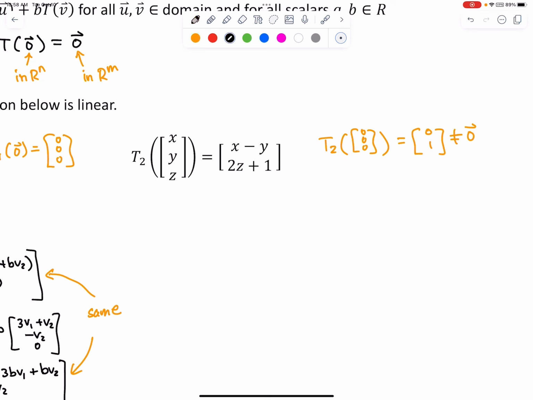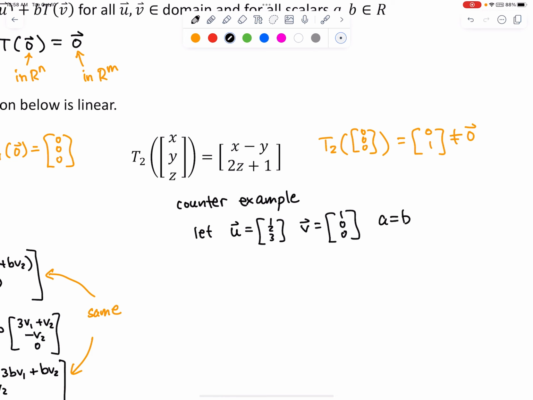Let's also disqualify it by giving a counterexample. Basically, you can let U and V be any two vectors you want. Let's let U be the vector 1, 2, 3, and V be the vector 1, 0, 0, so the i vector, the standard basis vector. And let's let A and B both just be scalars 1 for simplicity's sake. So if I take T2 and I plug in my scalar A times vector U plus scalar B times vector V, let's simplify the input vector first, and then we'll plug it into the transformation.